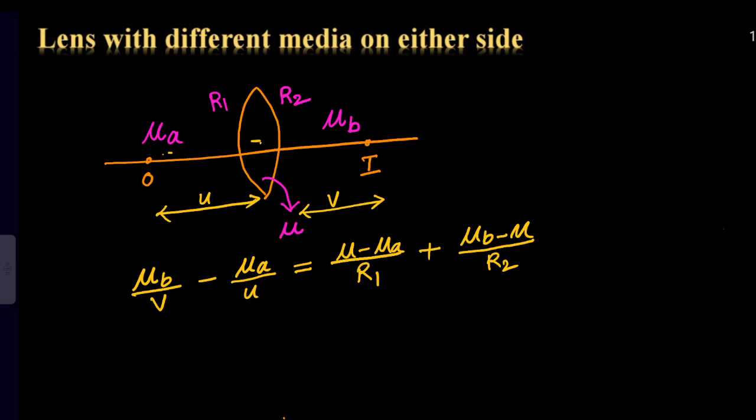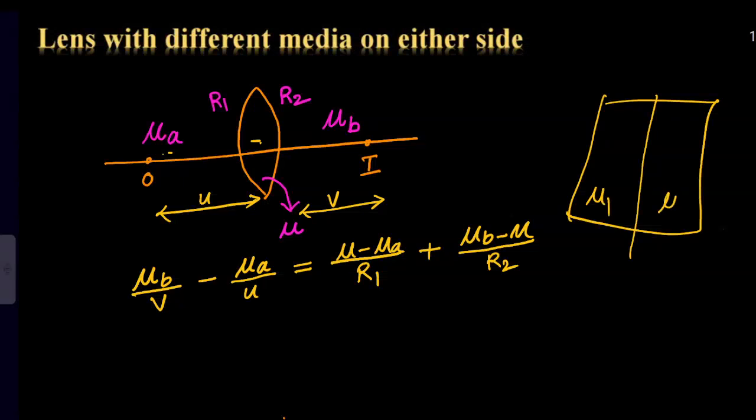For example, mu1 is in air and mu2 is in water, so this half in water will show different behavior. That's why we use these relations and find the focal length of that lens.